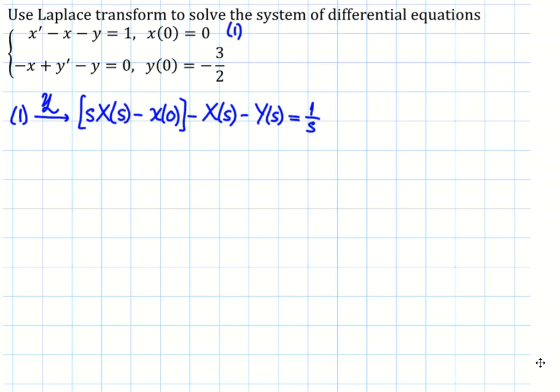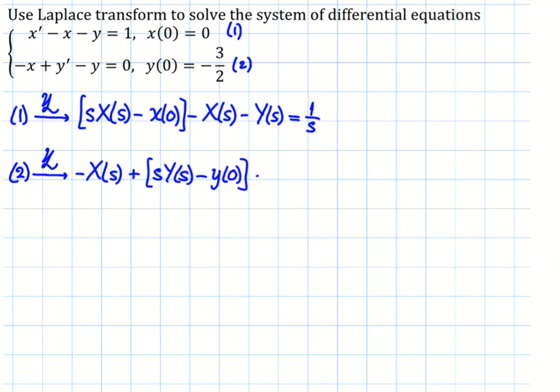And then the transform of the second equation. Negative X(s) plus, for the derivative of y, we have this, and then minus Y(s). The transform of 0 will be 0 because the integral of 0 is 0.